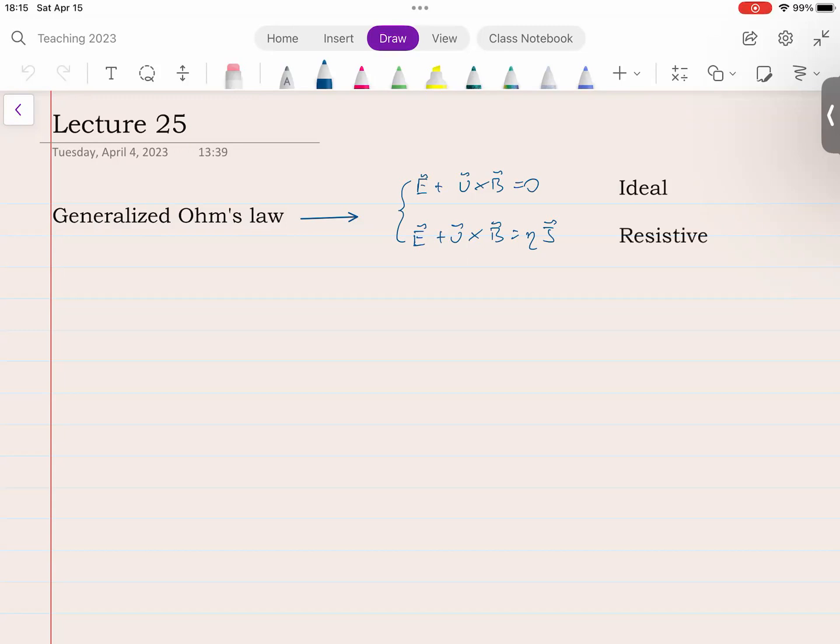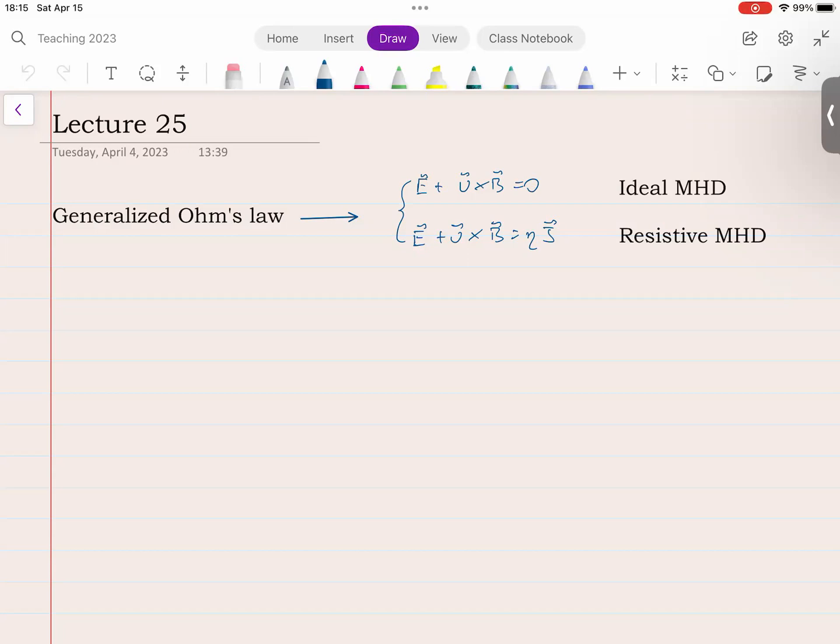And maybe I can add the word MHD. So the first Ohm's law is what we use in ideal MHD. The second one is what we use in the resistive MHD.